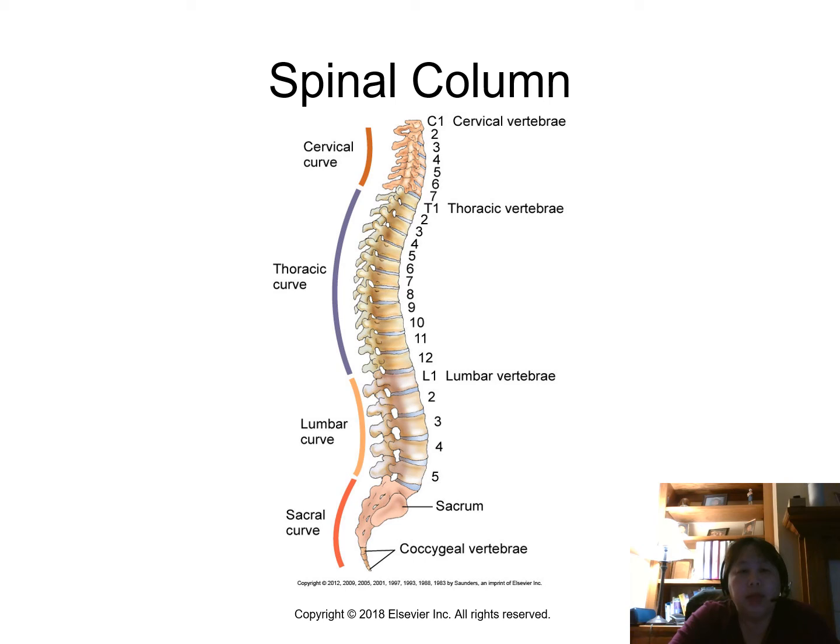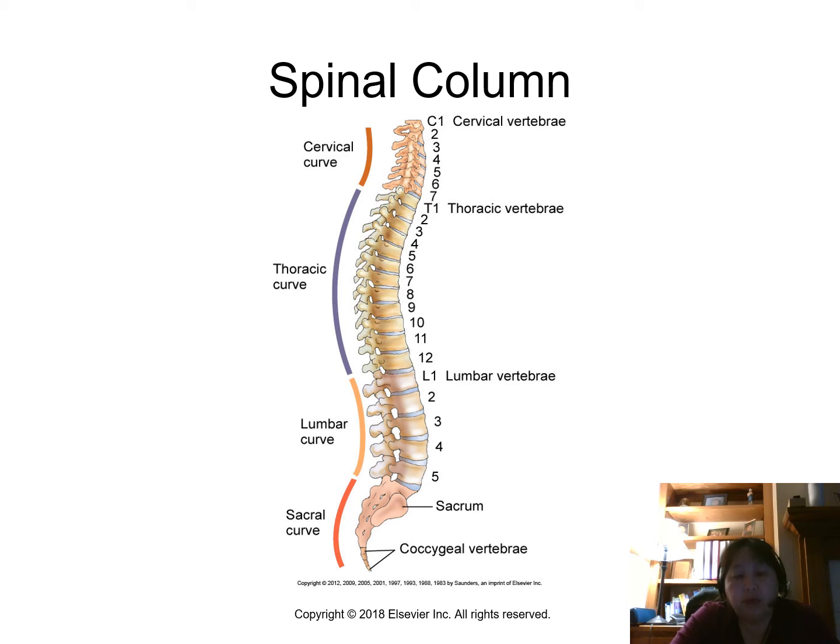So when we look at the combining form, intervertebral, this means between two adjoining vertebrae. And so as we're looking at the vertebrae here, each area is labeled out.